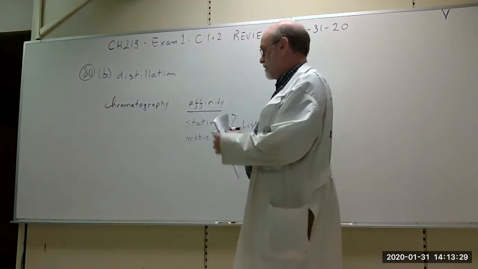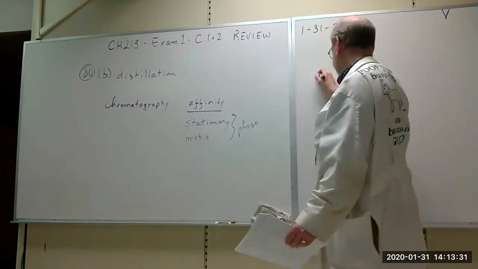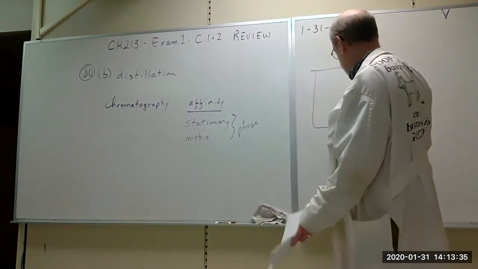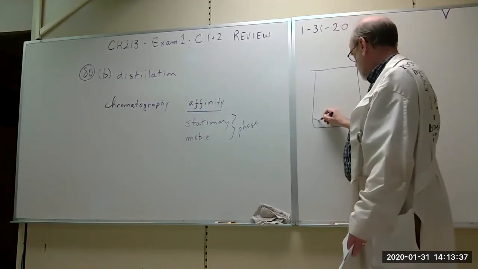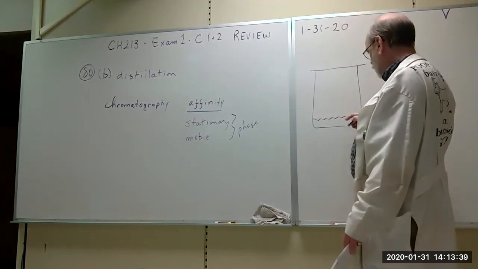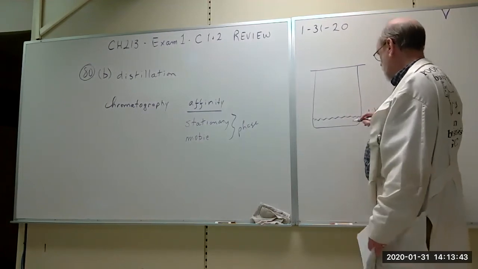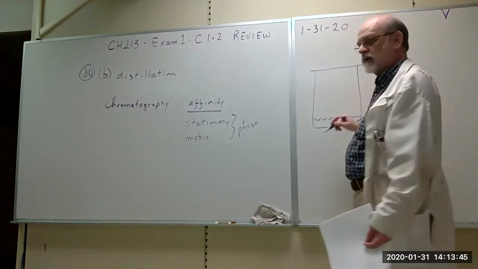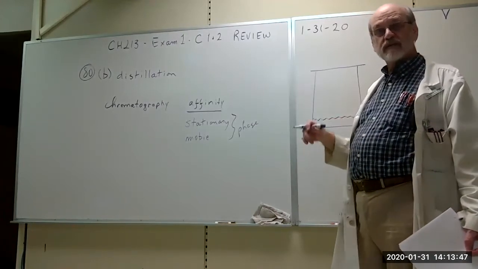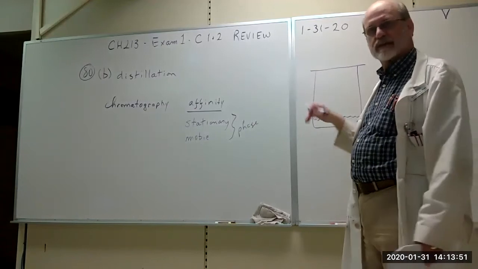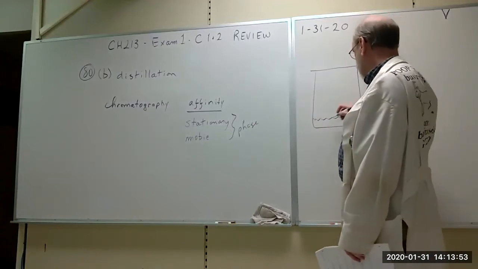Right? So if you've got a bell jar with a lid on it, and you got some liquid down here, this is your mobile phase. And your stationary phase could be paper, it could be a glass plate covered with silicon dioxide or something like that. That's your stationary phase.